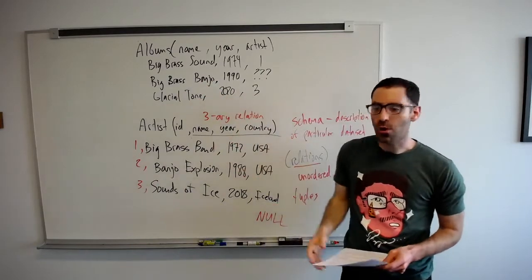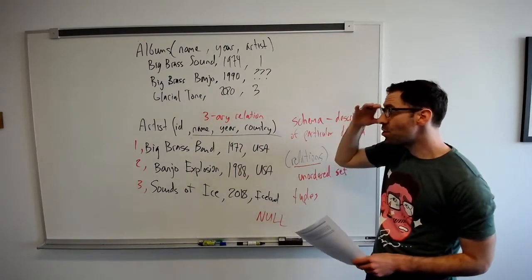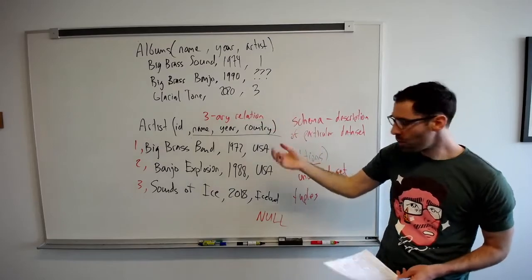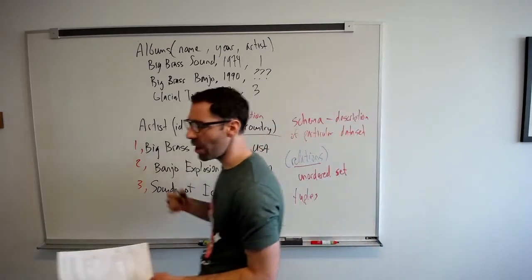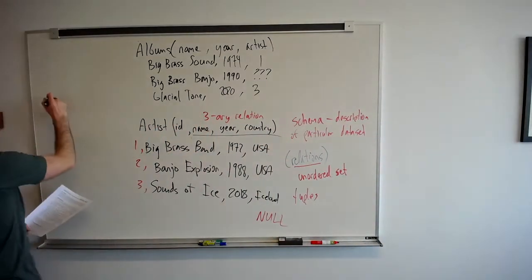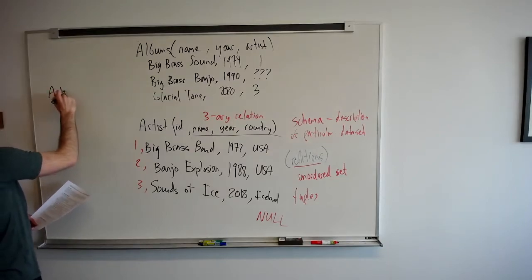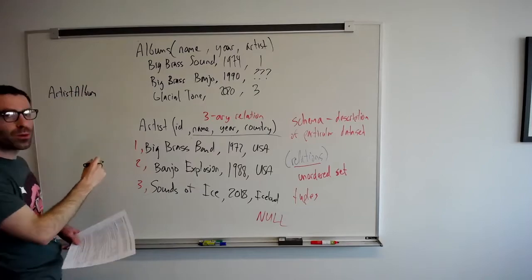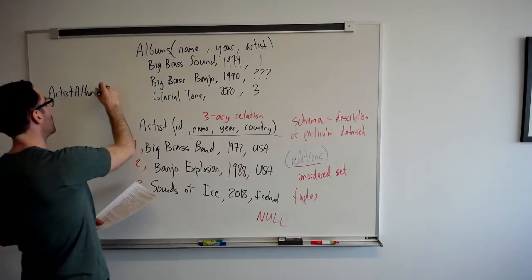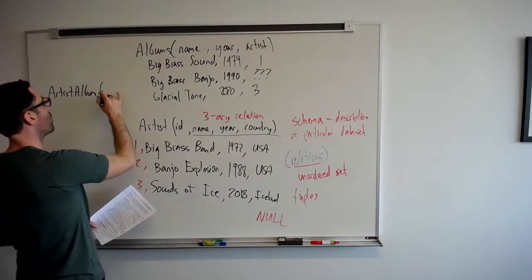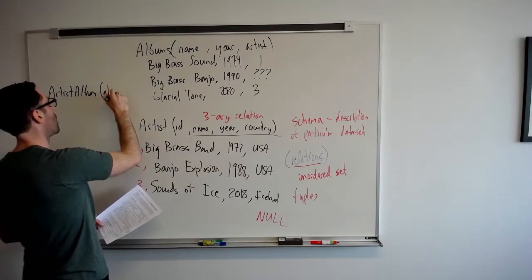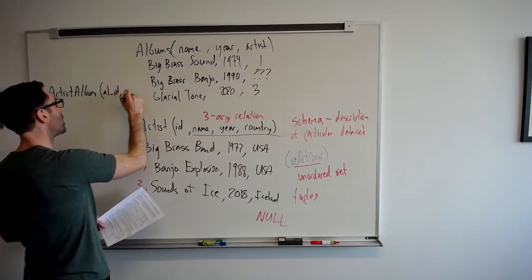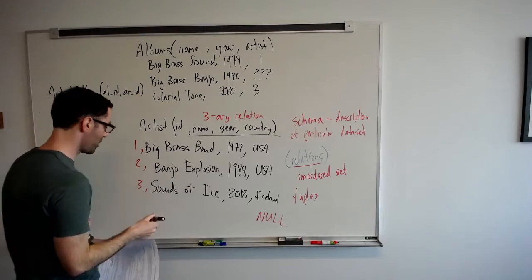To solve this, we'll actually want to create a third relation, an artist album relation that is going to have an album ID and an artist ID.